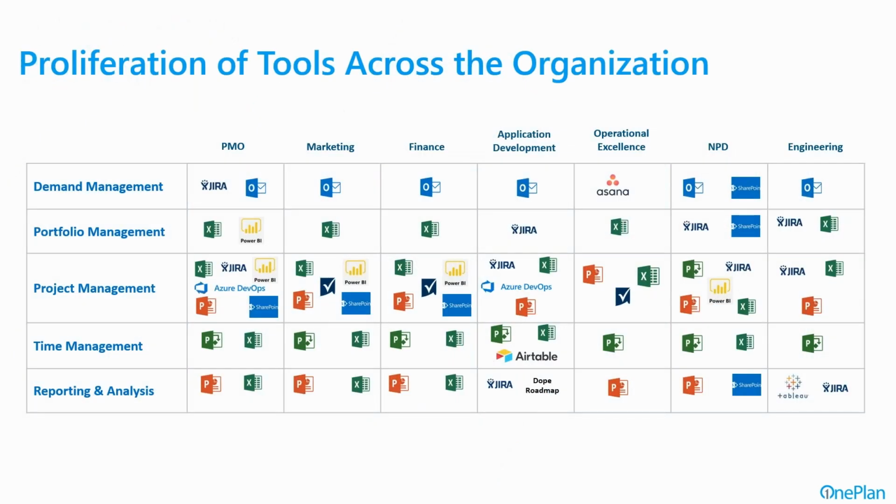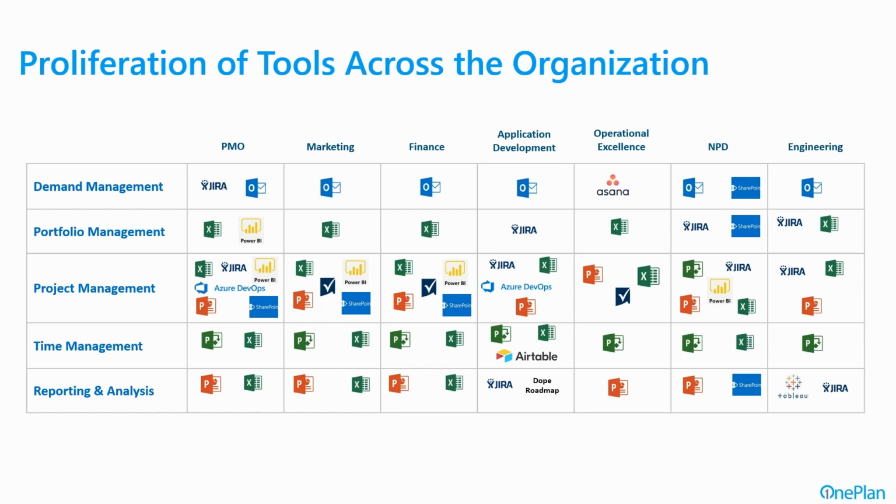On top of that, because of all these methodologies and the easy access of cloud tools today, there is proliferation of tools across organizations to where we have a lot of different tools being used for different types of projects across different parts of the organization, and it creates silos of information or pockets of information, depending on the discipline, demand management, portfolio management, project management, and the different functional areas or departments or business units within an organization.